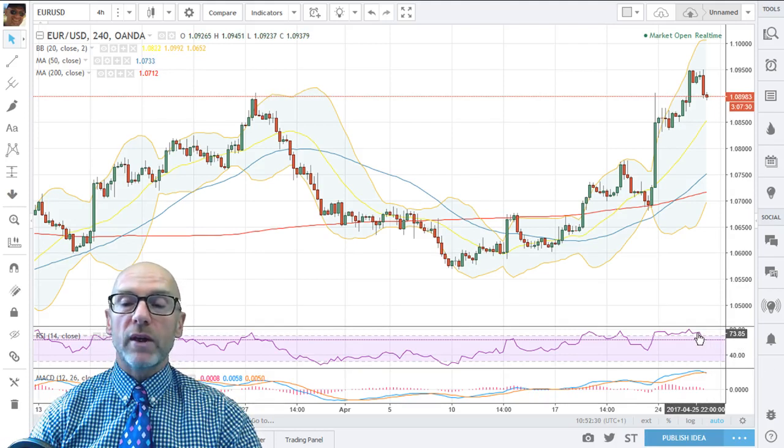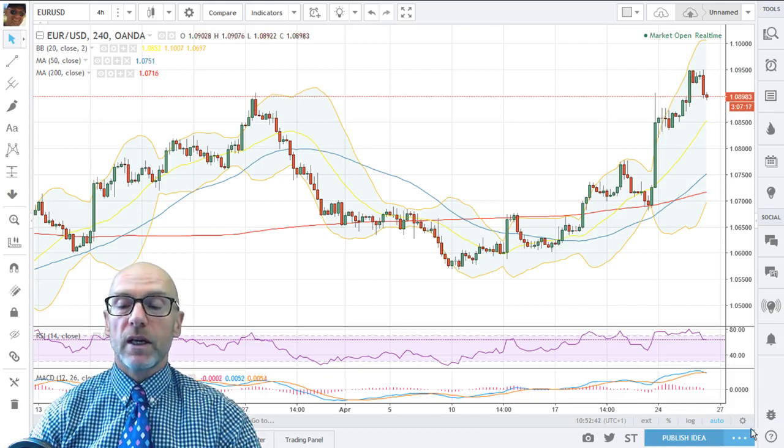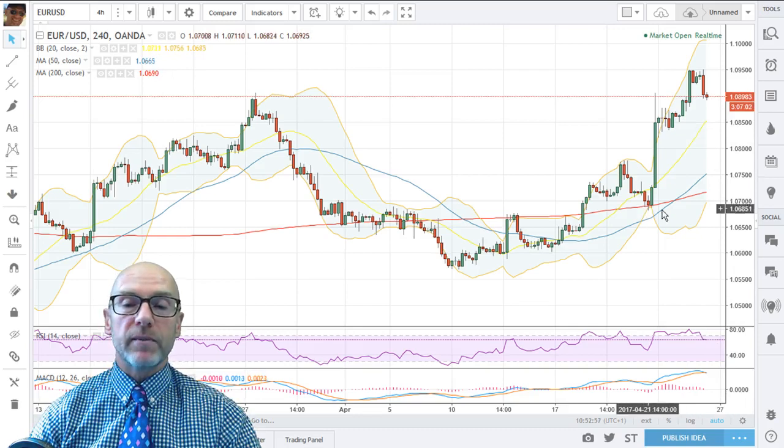The peak on it was lower than the previous peak, all on the same day of course, but these are 4 hours. So that's a slight warning sign, as is the rollover in the MACD. So overall, warning signs coming from the short term, overextended, we were overbought, that's unwinding, MACD unwinding.